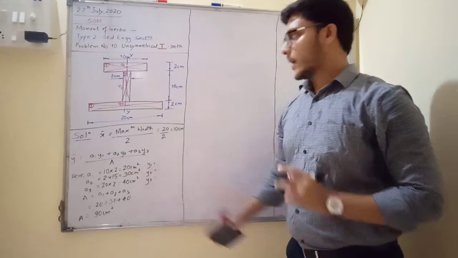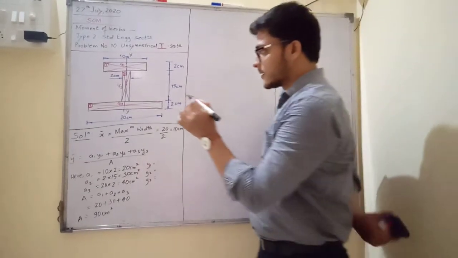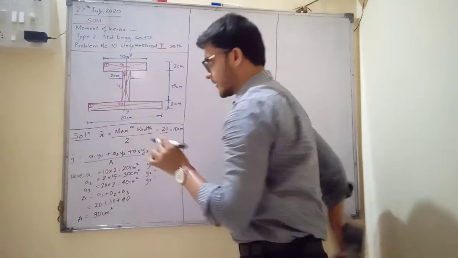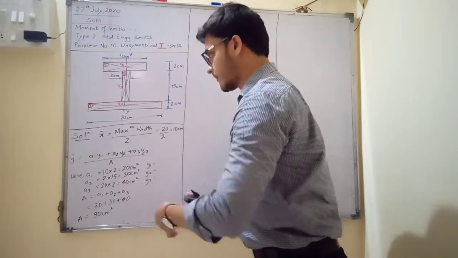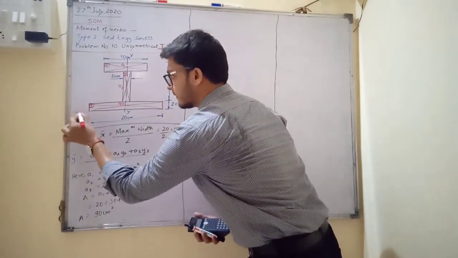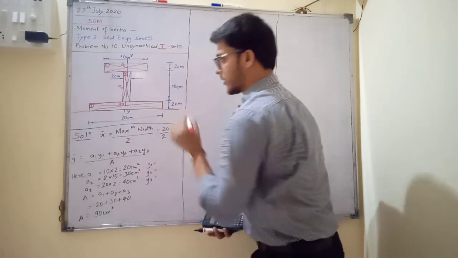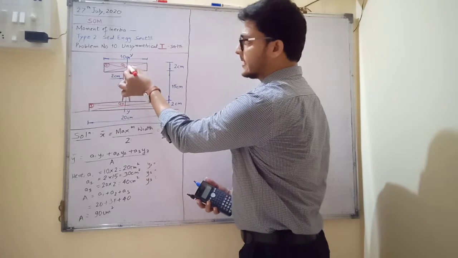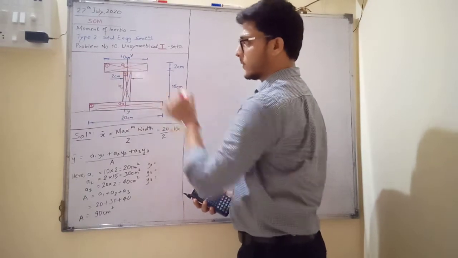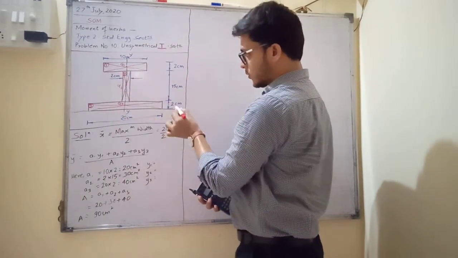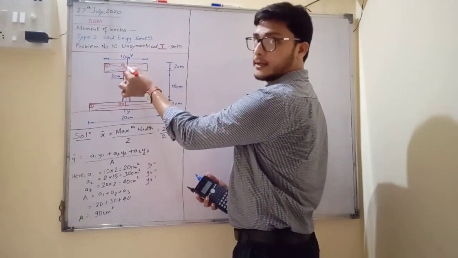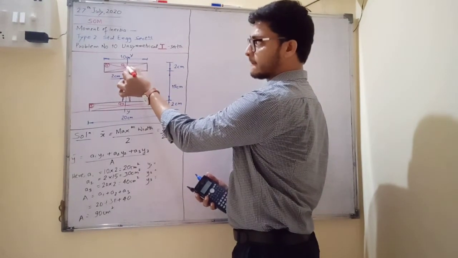Now y1, y2, y3. How to calculate these? We will be taking distances from the bottom. This is our bottom reference axis, and we take all the y distances from this bottom axis. So y1 is the distance from the bottom till G1, the centroid of rectangle number 1. It will be 2 centimeter plus 15 plus half of 2, because the centroid is at the midpoint.